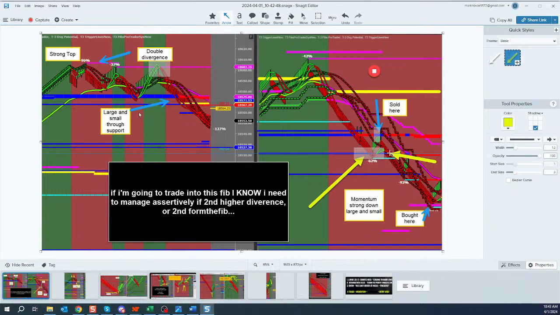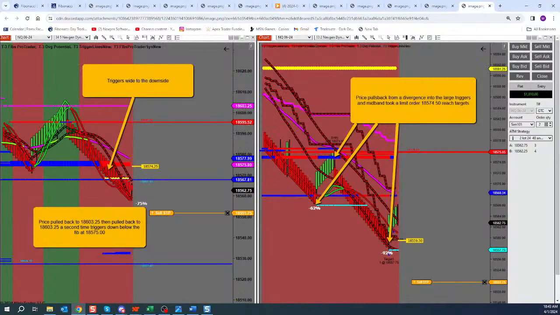So maybe I get paid right at that area and go break even, right? Or maybe I'm really being aware and watching to make sure that there isn't a second divergence coming in. And guys, I'm telling you, once you get to the point to where you can make these decisions quickly, the doors open up tenfold.